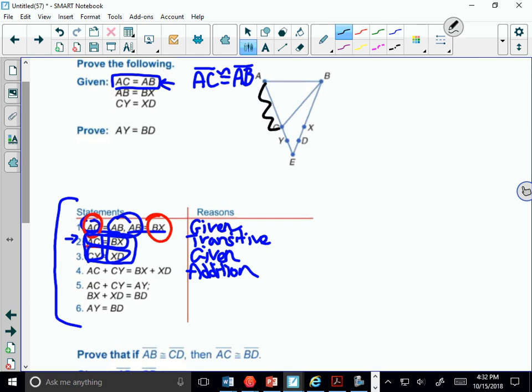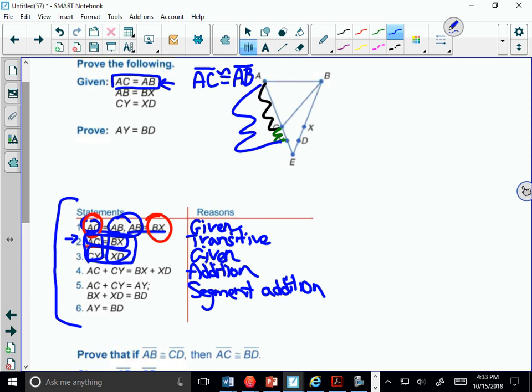And this is CY, and they said together they make AY. That seems to make sense, but I need to be able to put a name to that. What is that I'm doing? Why can I say that? And what that is, it's segment addition. On one of those front pages is a segment addition postulate that lets us say that that is the case.